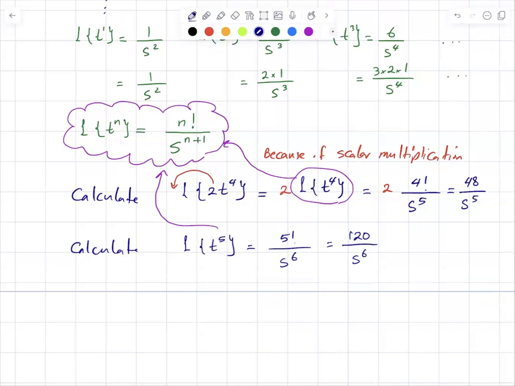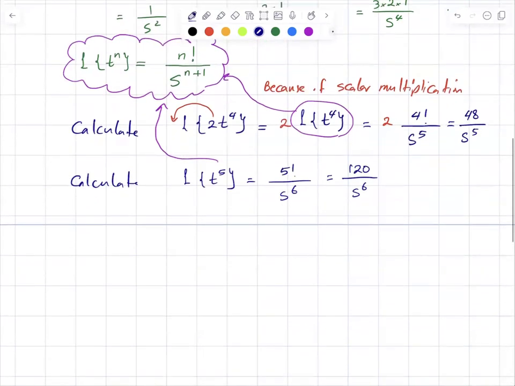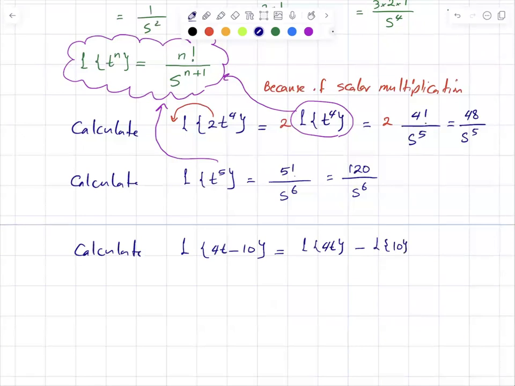And as I mentioned before, for linearity, we can apply this formula and do the calculation. Calculate the Laplace of 4t minus 10. Again, by linearity and scalar multiplication, this can be written as the Laplace of 4t minus the Laplace of 10, which is 4 times the Laplace of t minus 10 times the Laplace of 1.